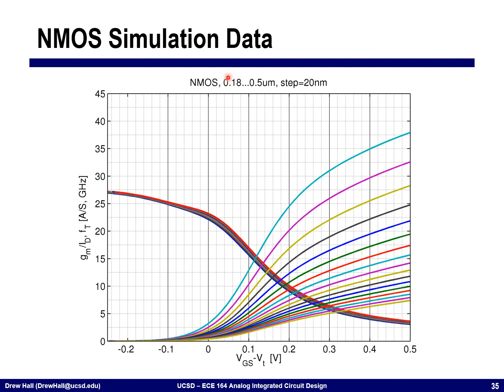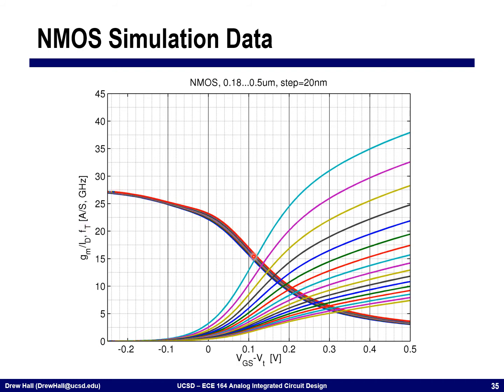Now what we're going to do is simulate, for our technology, channel lengths from 0.18 micron to 0.5 micron in steps of 20 nanometers. On the x-axis down here, this is VOV. On the y-axis, I'm showing two curves: one is GM over ID, the other is FT.